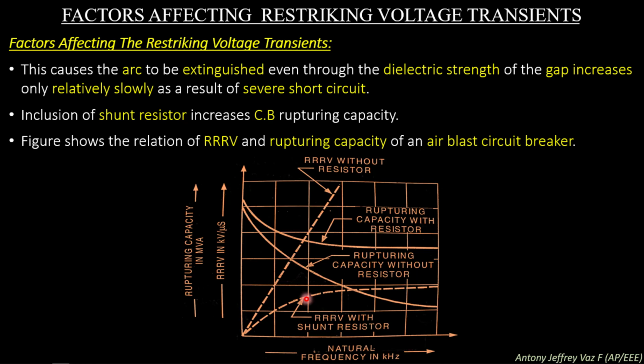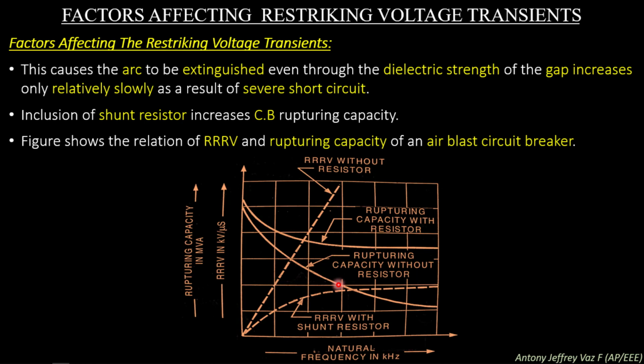And this graph shows the rate of rise of restriking voltage with a shunt resistor. And this straight line shows the rate of rise of recovery voltage without a shunt resistor. And this line shows you rupturing capacity with the resistor, and this line shows you rupturing capacity without a resistor.